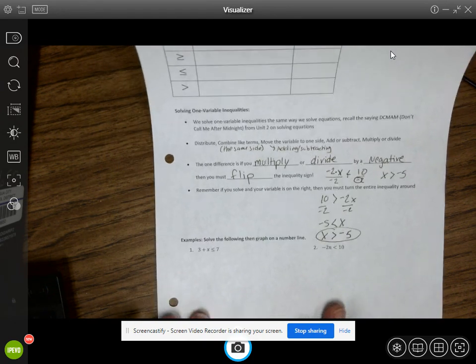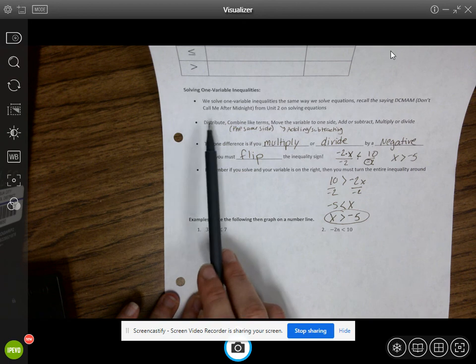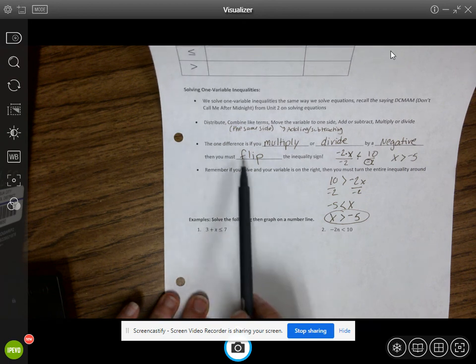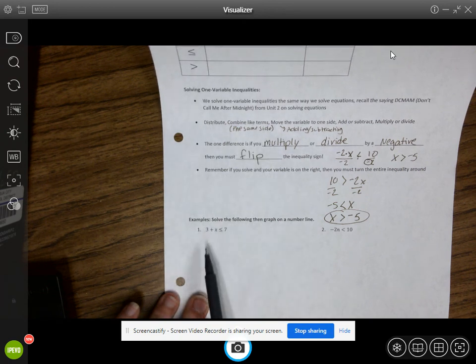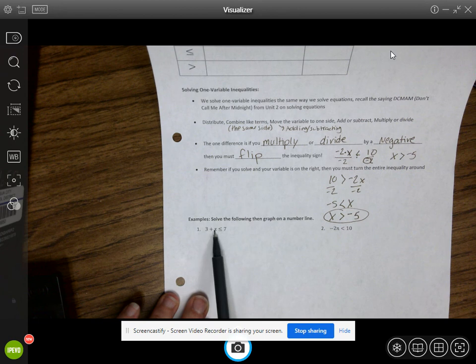So let's go through a couple of examples. Number 1, I don't have any distributing. Combining like terms. Well, right here I have a 3 and an x. Those are not like terms. And I don't have several terms here, so no like terms to combine. Move the variable to one side. My variable's already on one side.